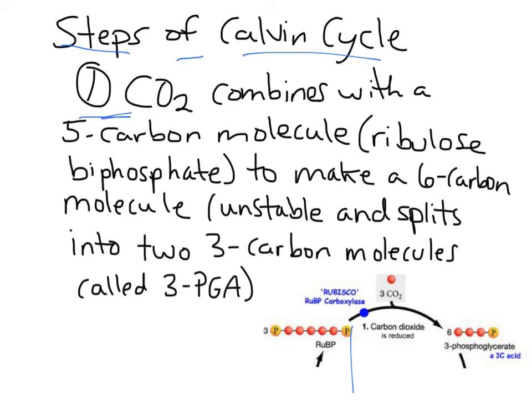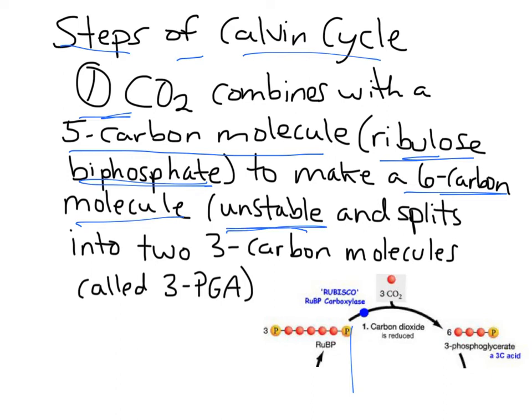And this first step is CO2 combines with a 5-carbon molecule called ribulose biphosphate to make a 6-carbon molecule. But this 6-carbon molecule is very unstable, and so it splits into 2 3-carbon molecules called 3-PGA. So we can see it here. We have the ribulose biphosphate, and it has 1, 2, 3, 4, 5 carbons combined with CO2, and that gives us the ribulose biphosphate, which is abbreviated RuBP.